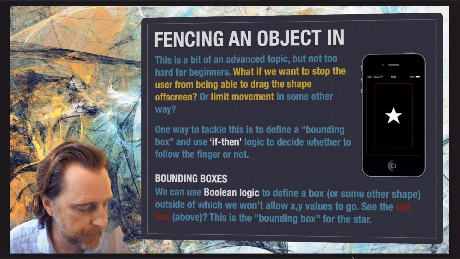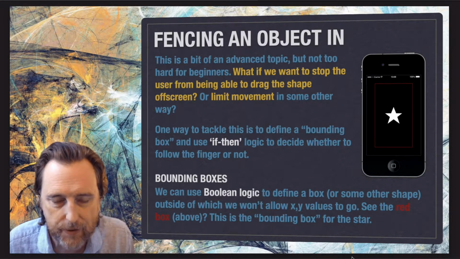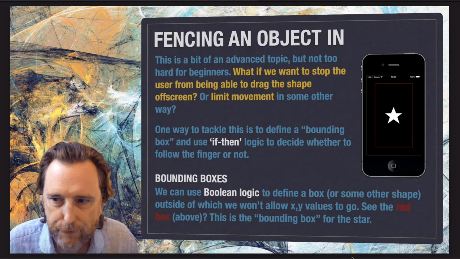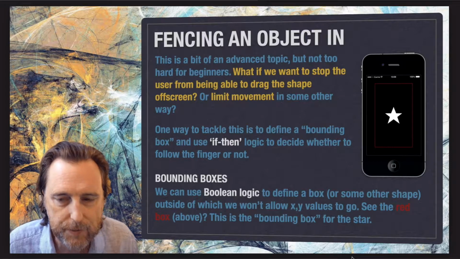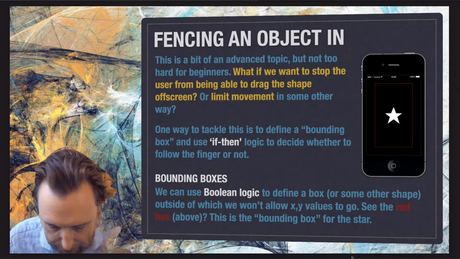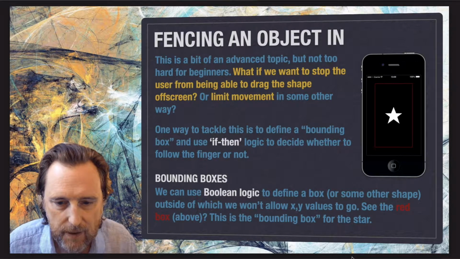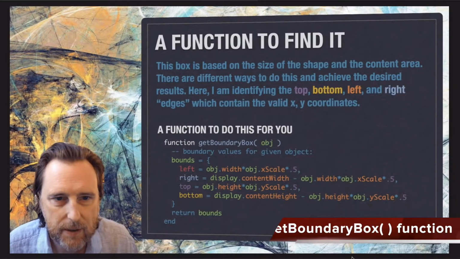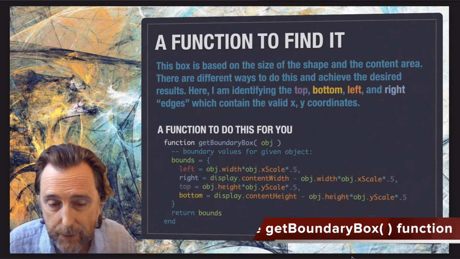So I don't put the bounding box at the edge of the display. I put it at the edges of the display, but inset for half of the width and half of the height of whatever the display object is. This may make more sense when we do it and you can actually drag it around and see it, but that's the basic idea.